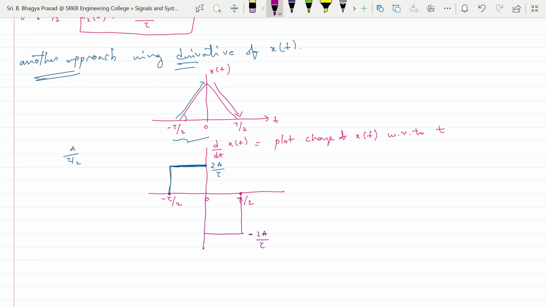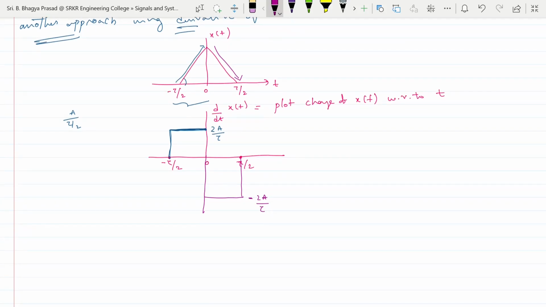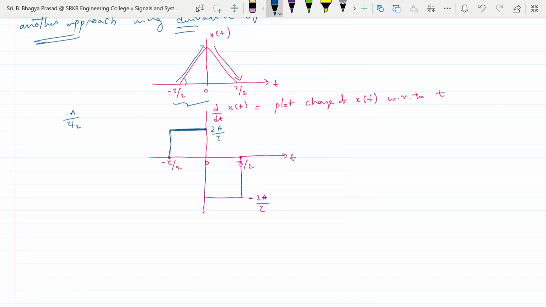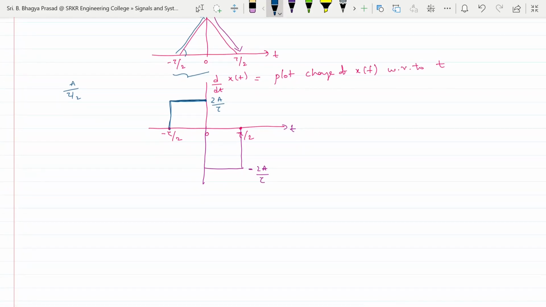So here I am mentioning the change of x of t with respect to t. I am plotting the change of x of t with respect to t, that is the slope values. And after this I am going to do another differentiation for the above signal, that is d square x of t by dt square, the second order derivative.